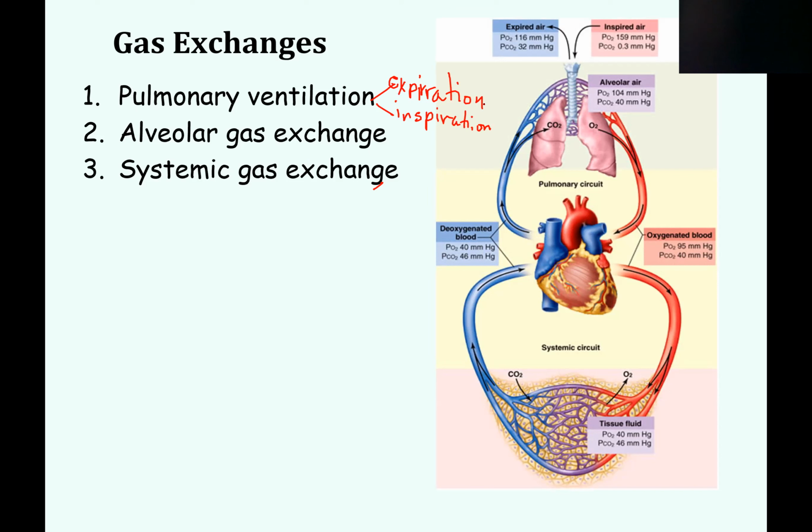And that's what we see here. So with pulmonary ventilation, we're exchanging gases between the atmosphere and the alveoli. The product is what leaves in the pulmonary veins, which is also going to be referenced down here.